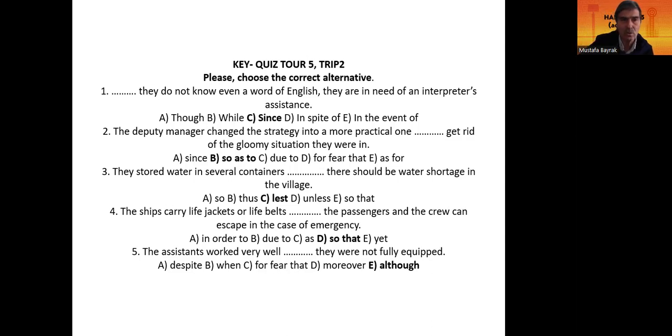3. They stored water in several containers, lest there should be water shortage in the village.